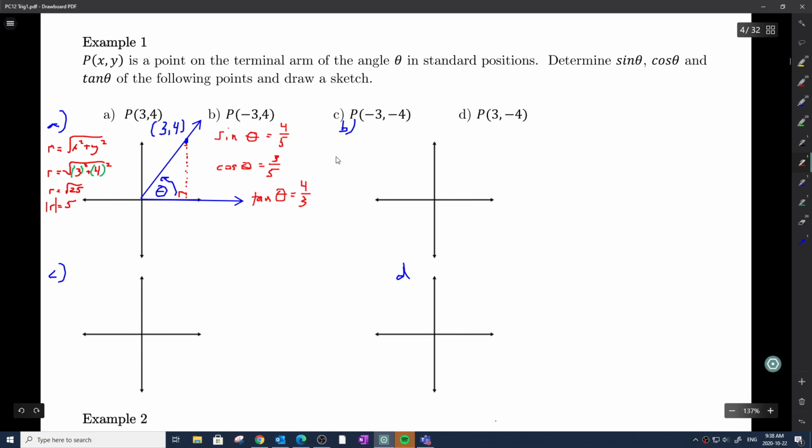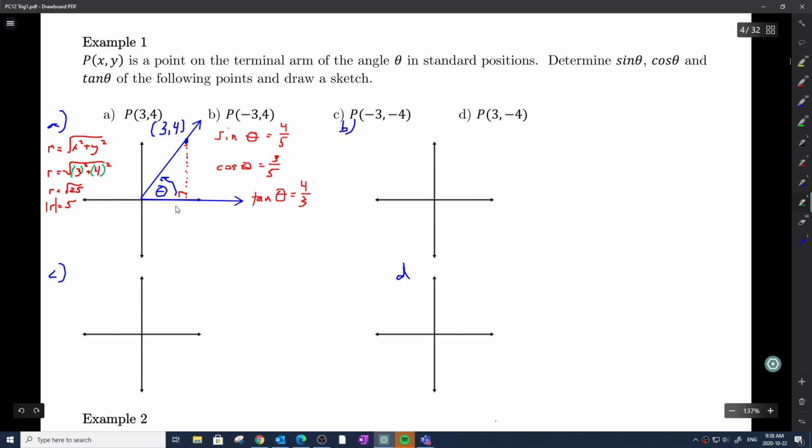If you notice, all of these are positive because we are in quadrant number 1. Also, if I give this to a grade 9, and I say, can you calculate the sine, cosine, and tangent of this angle? Well, they don't need to know the formal definitions. You do. But they would just say the sine is the opposite, which is 4, over the hypotenuse, which is 5. Cosine is 3 over 5. Tangent is 4 over 3.